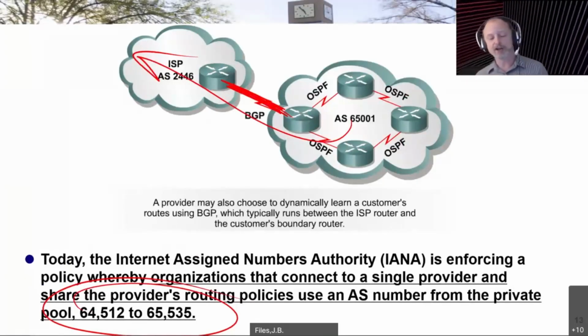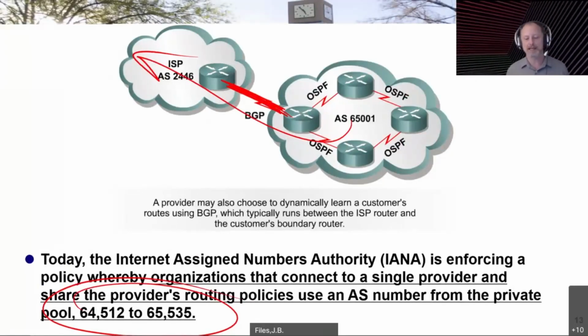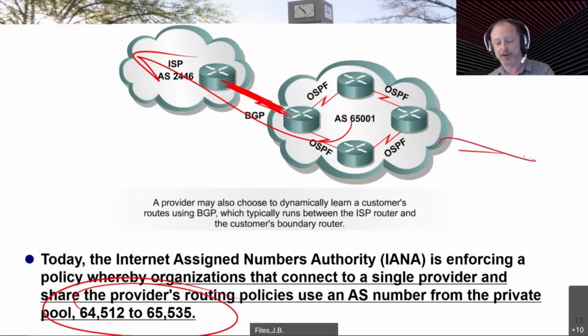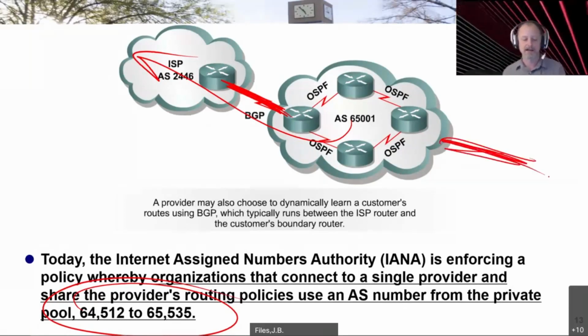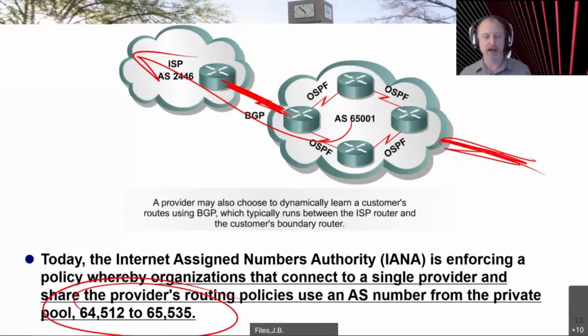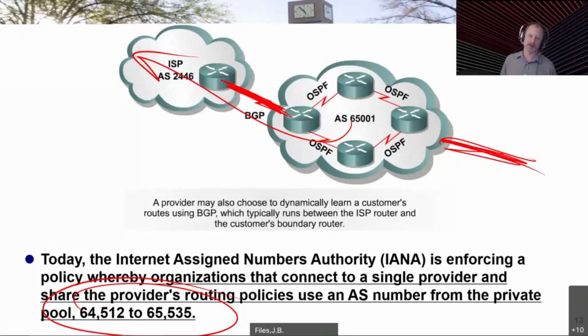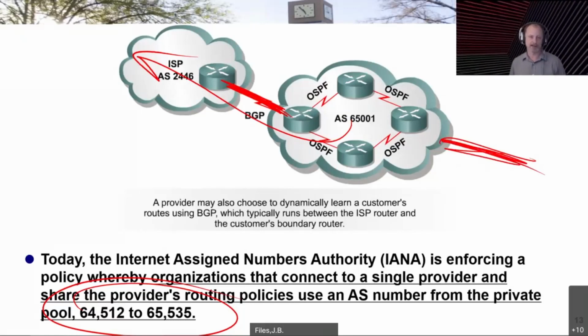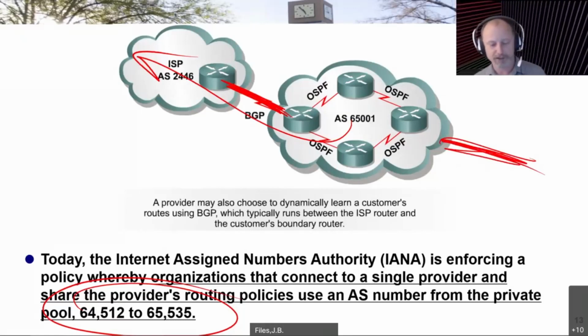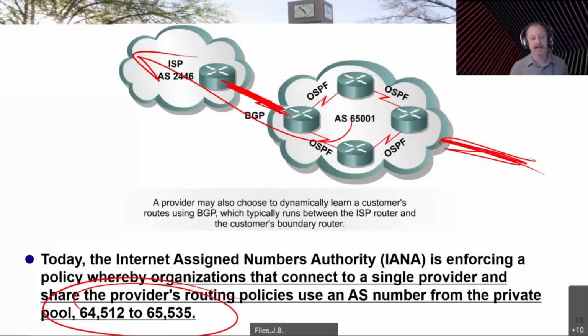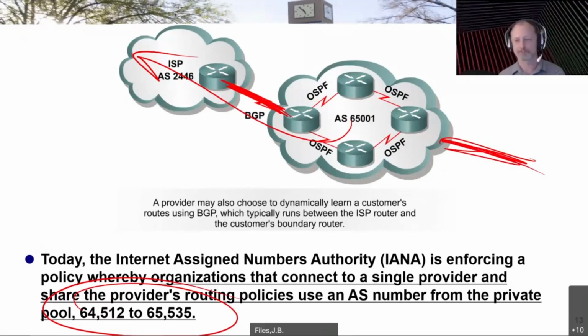And why would somebody want to do that? Well, maybe you're in the process of getting another ISP, so you'll start with a private autonomous system number, and then later on get one assigned. But if you only have one connection, IANA will not give you an autonomous system number.